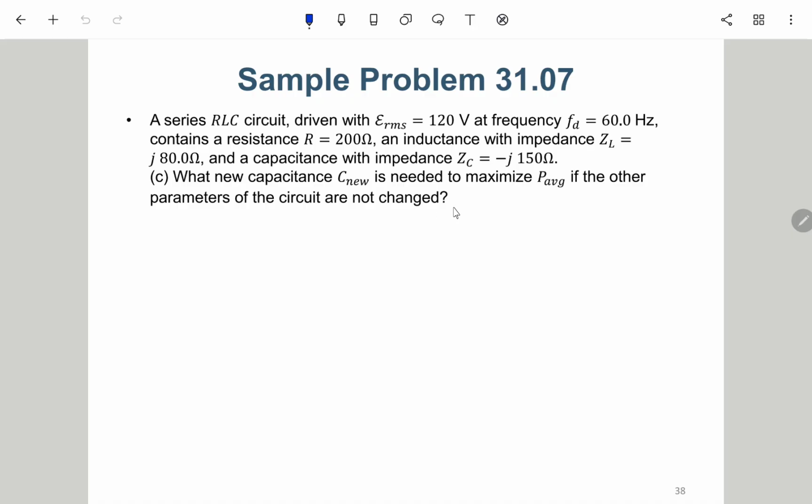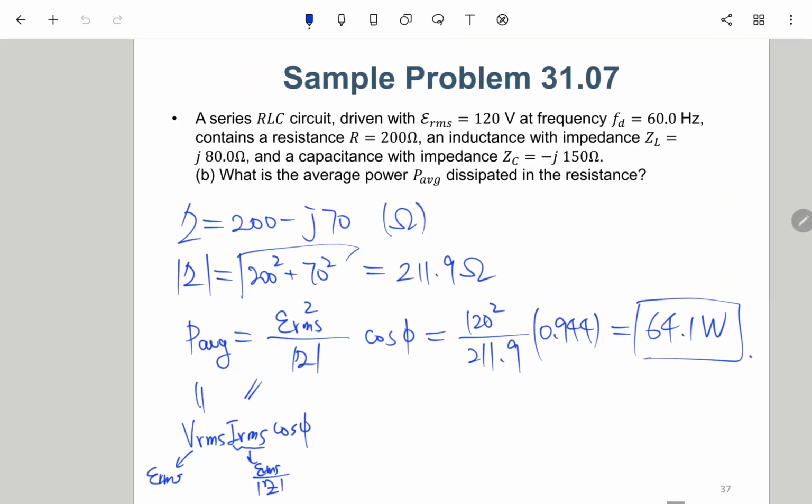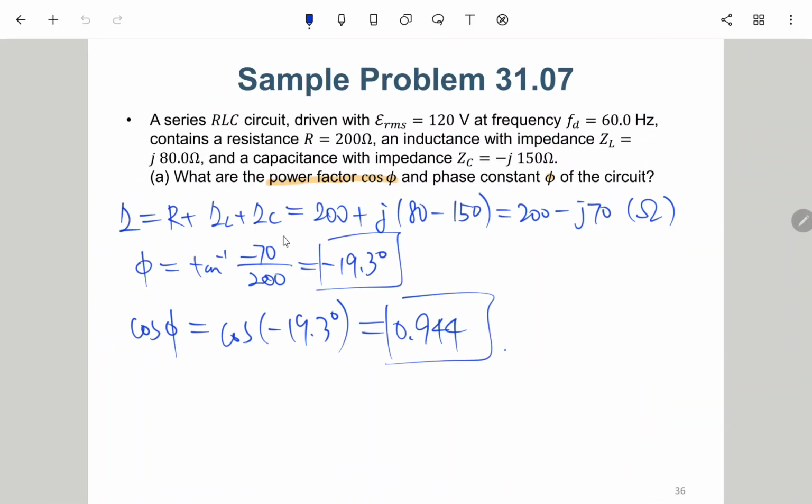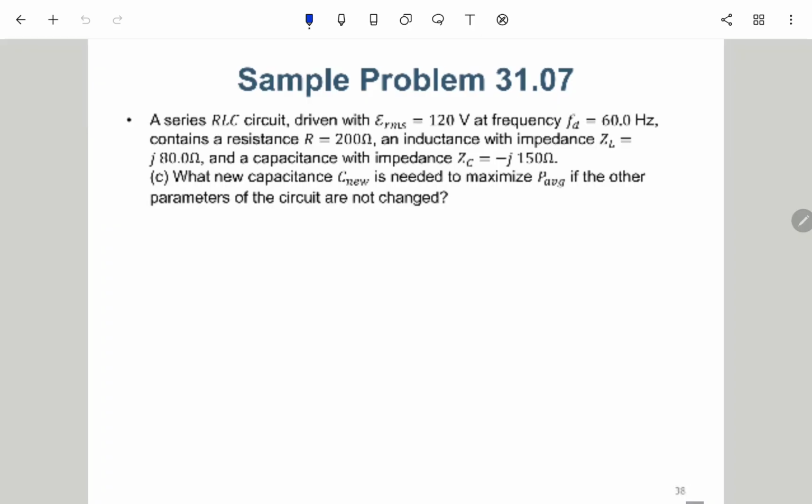The idea here is we try to make the imaginary part to be 0, which means that Z_C new will be the negative of Z_L, so that they add up to be 0, so that the total impedance will be a pure real value.